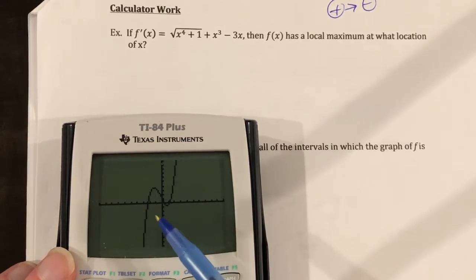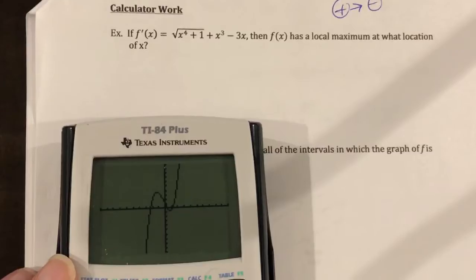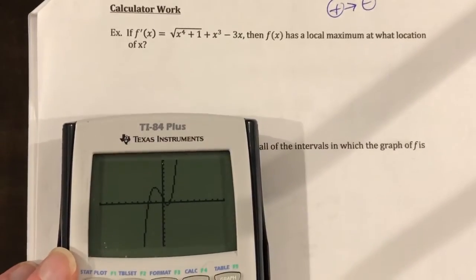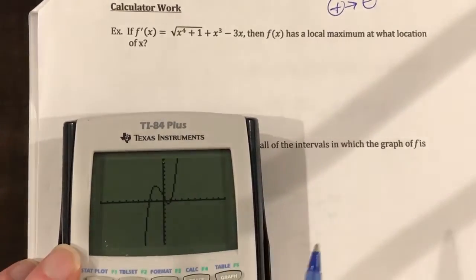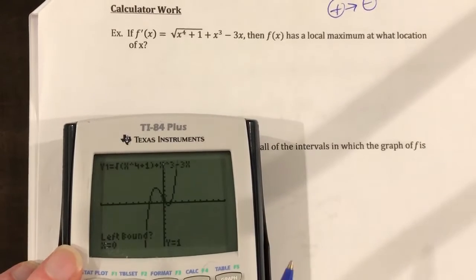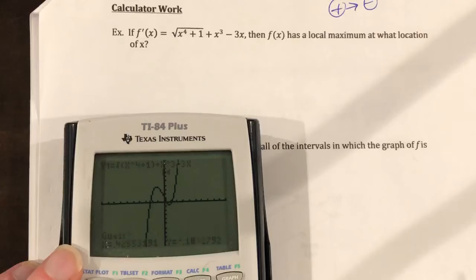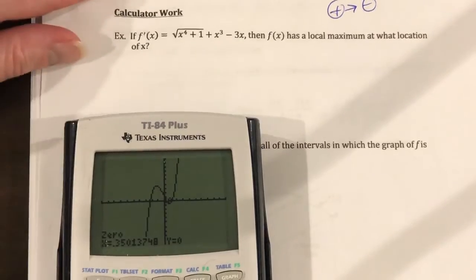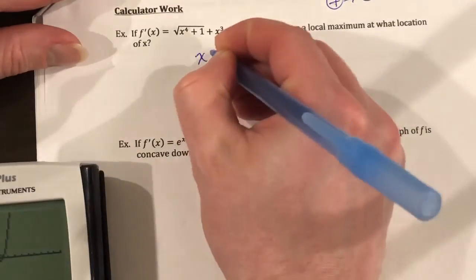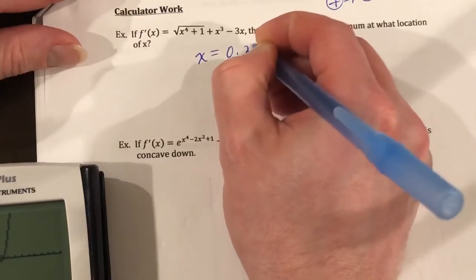I can't really zoom in, sorry. It's right here. So we do second calc, 0, and we go above and below. And I got 0.350.